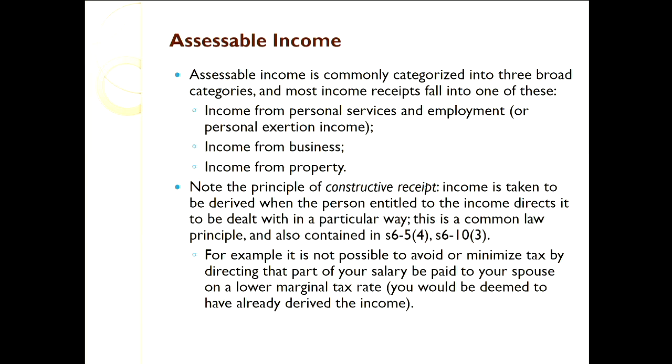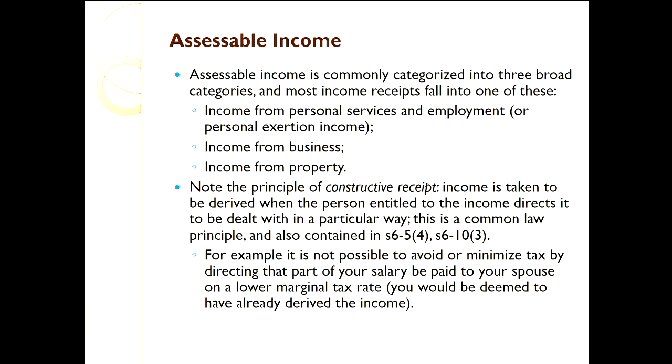Now, we have these categories of assessable income, and it's conventional to break up the analysis like this, right? Now, they're not hard and fast categories in terms of a legal analysis, but it's conventional. And it makes some logical sense to analyse the cases in these categories, right?